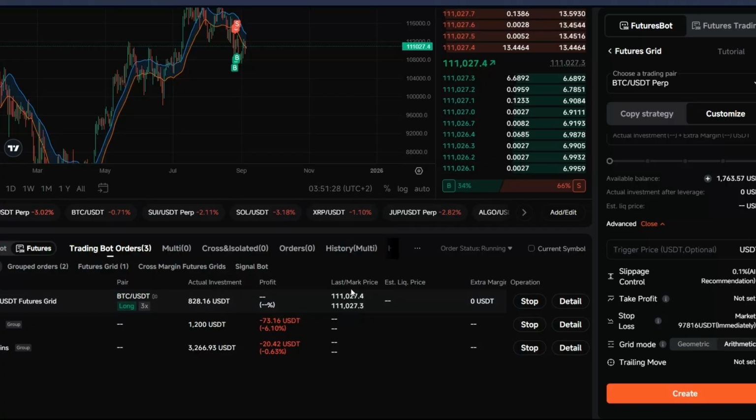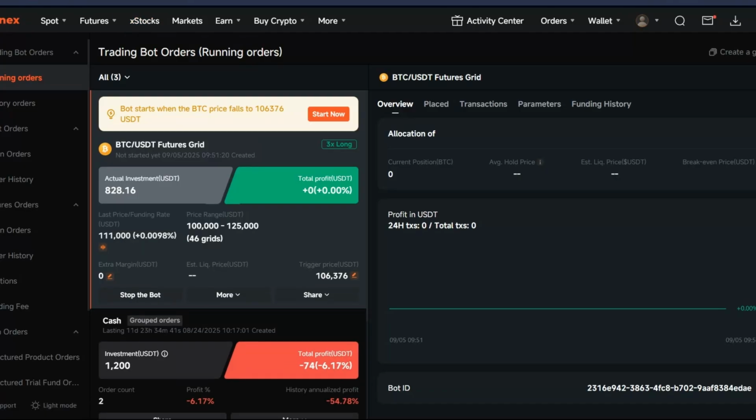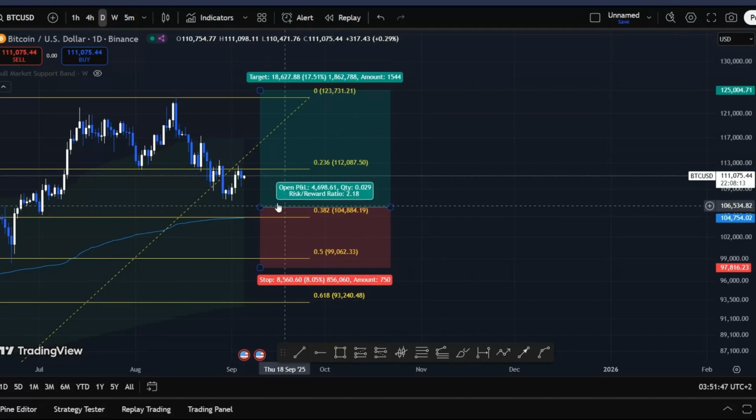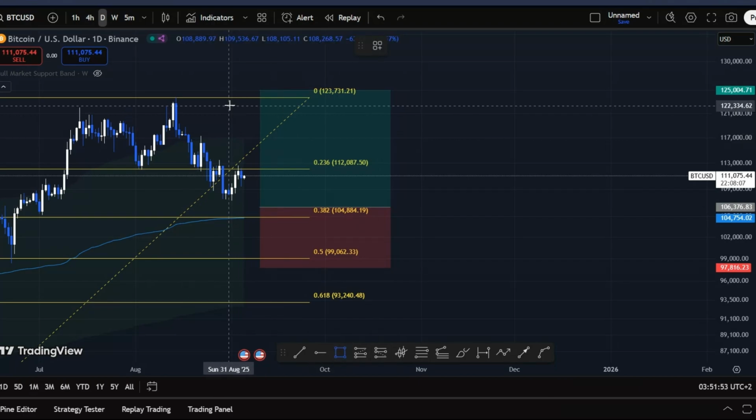It's waiting for the price to reach 106,376 to start trading, and that's it. Hopefully, the price of Bitcoin will go low and my bot will start. And if it doesn't, I still have bots open working on this range.